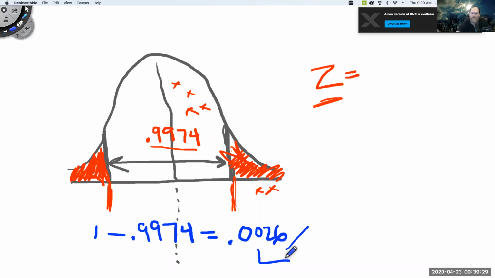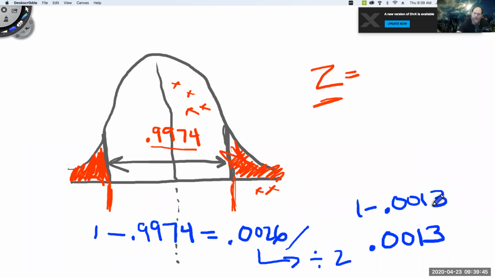So I'm going to take that value and divide it by 2. And that's going to give me 0.0013. I'm still not done. Unfortunately, I have to take 1 minus 0.0013 again to determine the Z value that corresponds with this line right here. And when I get that, I get a value of 0.9987.